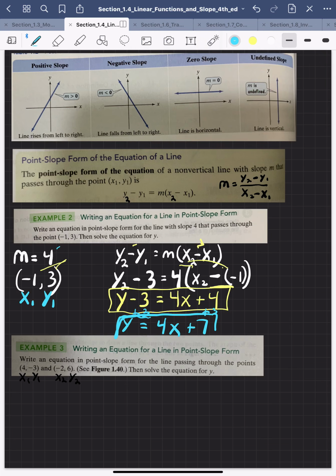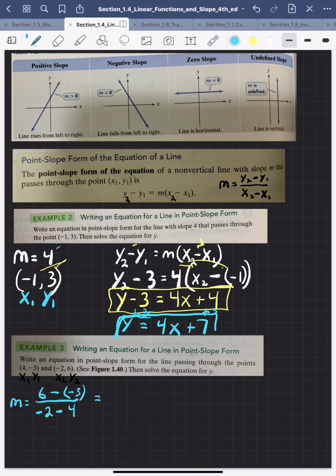Let's go ahead and find the slope. So y sub 2 minus y sub 1, so that's going to be 6 minus negative 3 over x sub 2 minus x sub 1. So we end up with, well, what do we end up with?